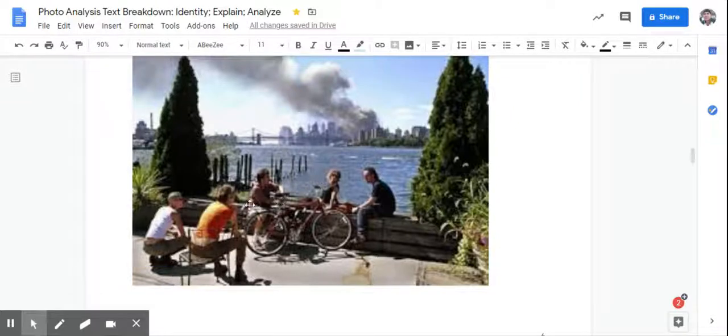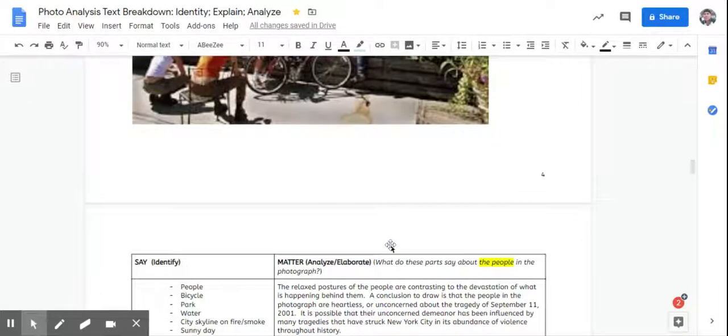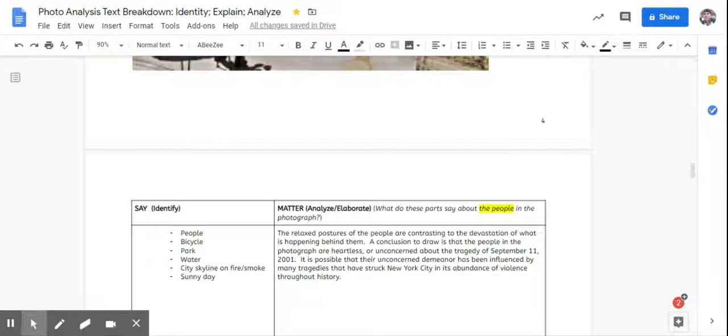Okay, and they appear to be jovial. They're engaged in their conversation. I don't know, they may be unaware of what's going on behind them. Okay. So now I'm going to take these parts to analyze what these parts say about the people in the photograph.